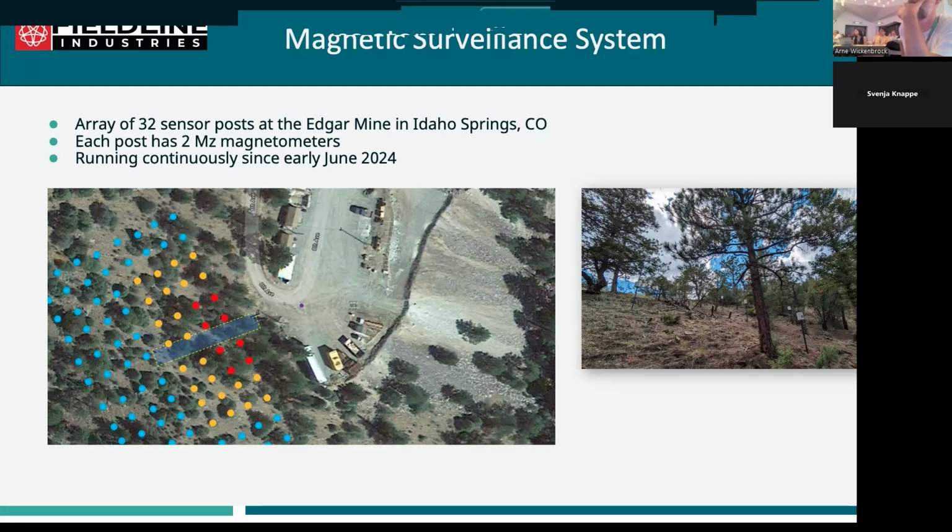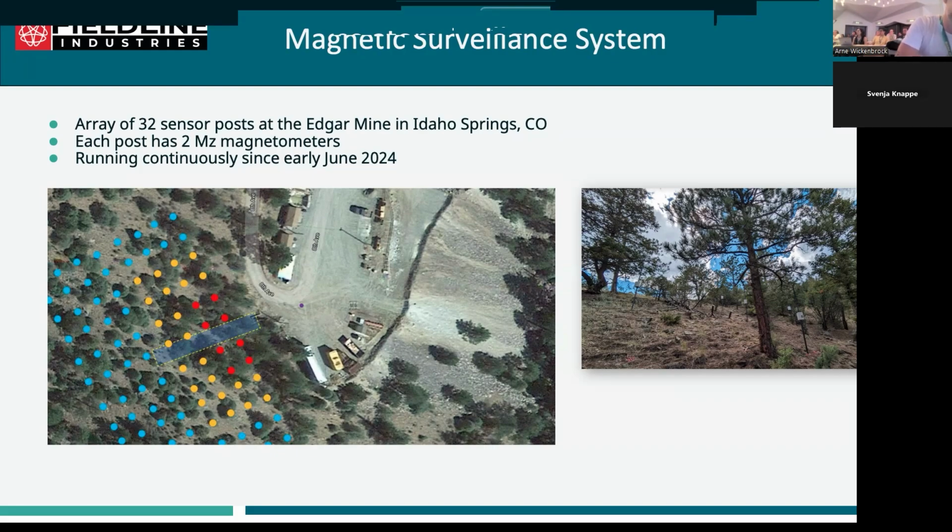And so here we built an imaging array that is 32 of these posts, and they look like trees, but you can see them here. They're carbon fiber posts, and they have 2 magnetometers inside. And these magnetometers are also the same or very similar MZ magnetometers to the space magnetometers. And so we built this array of magnetometers, and we put them in the mountains of Colorado. This is actually an old mining site.